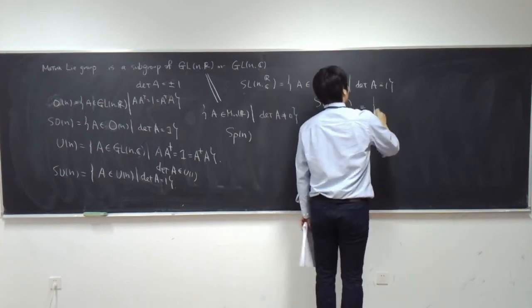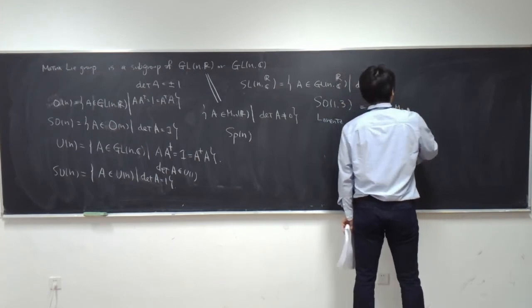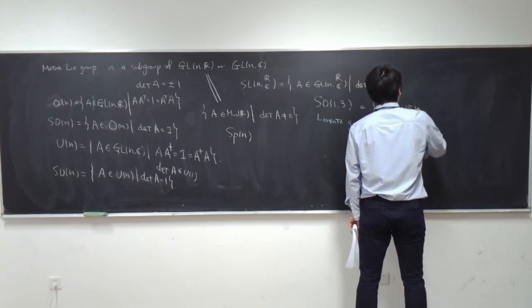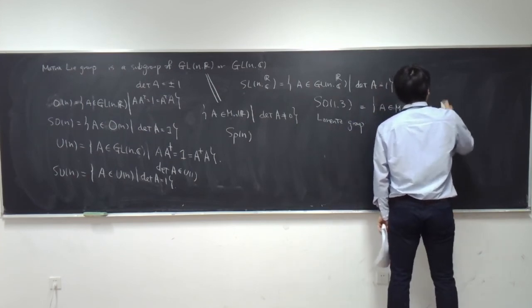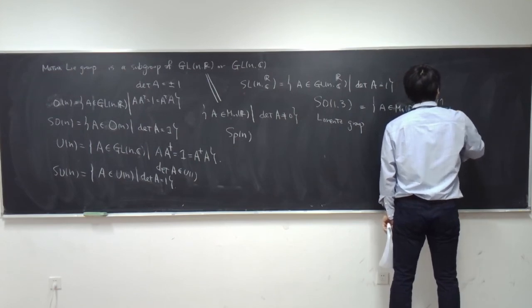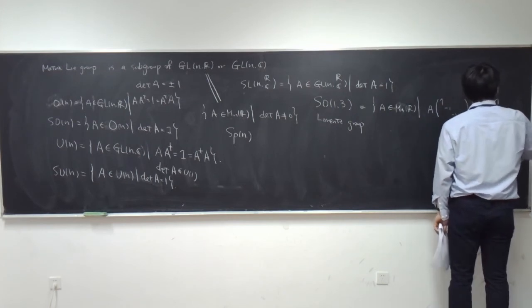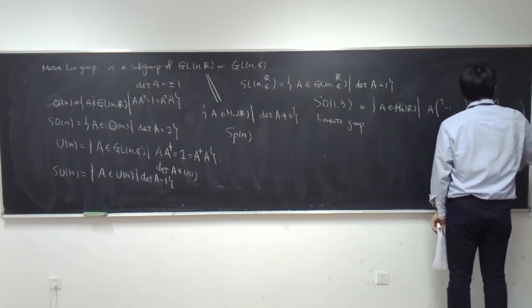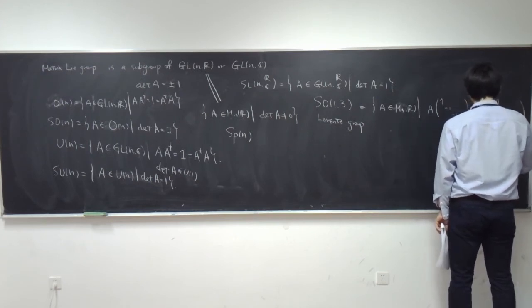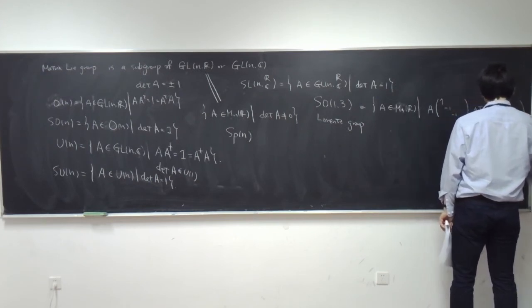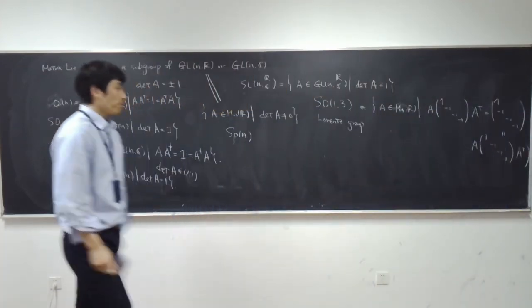It is the set of A in M_4(R) such that A diag(1,-1,-1,-1) A transpose equals diag(1,-1,-1,-1).